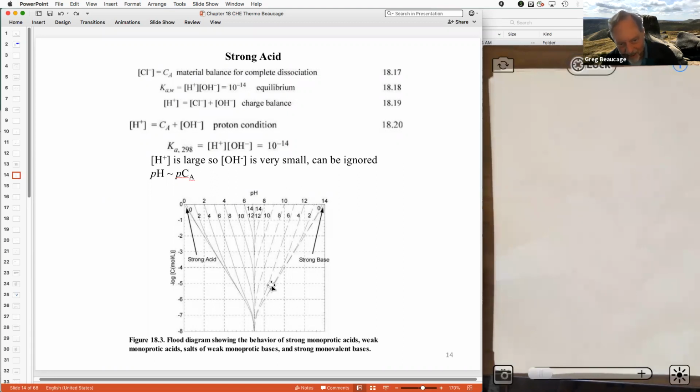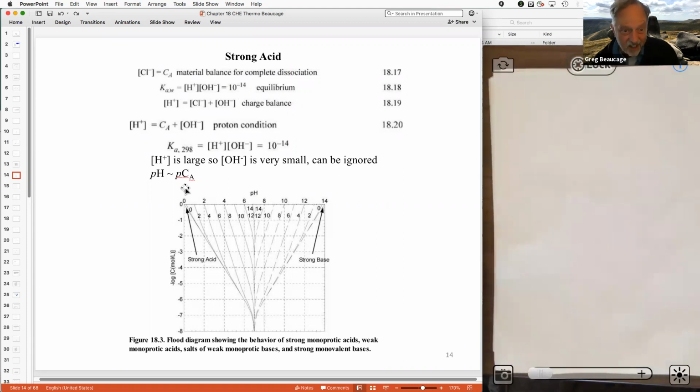So those two would shift. Their intersection wouldn't be at 7 anymore. You have minus 7 and 7 as the intersection point for just water. And for a strong acid, that thing shifts over a little bit. So you're dissociating, we'll go through this again, but you're dissociating whatever you put in.